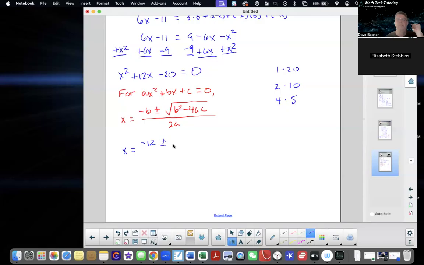Plus or minus 12 squared minus 4. And do you see that a is 1? Yes. And then calculator work or arithmetic, and then 2 over.